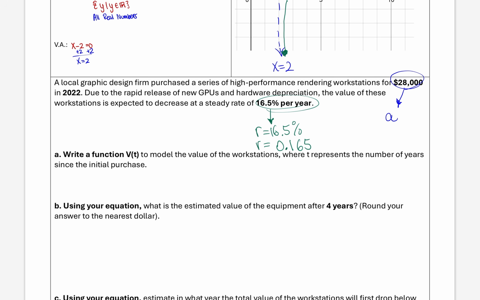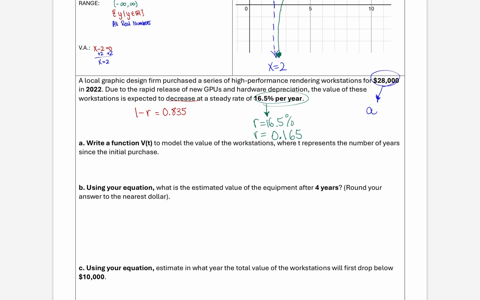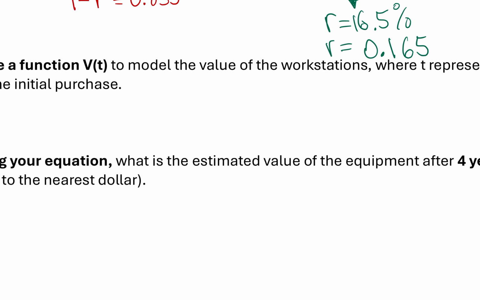From there, we will see that this is a decreasing function, a decay function, so I will do 1 minus r. So we go to our calculator, and if we type that in, 1 minus 0.165 will leave us with 0.835.